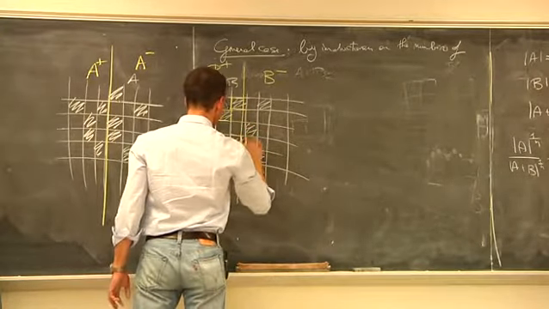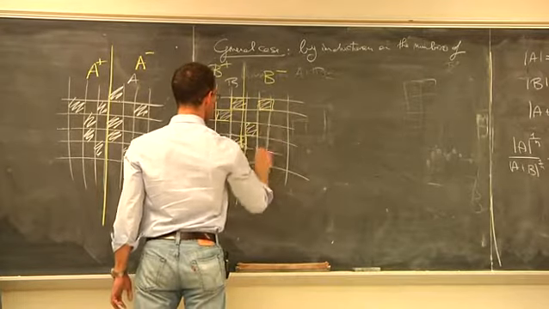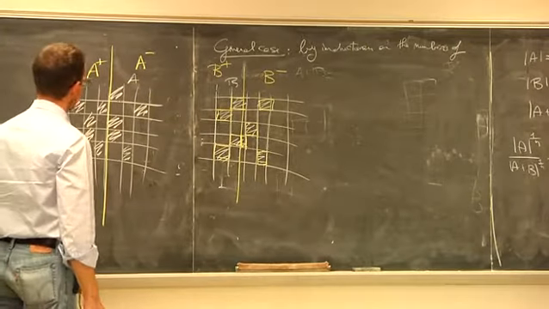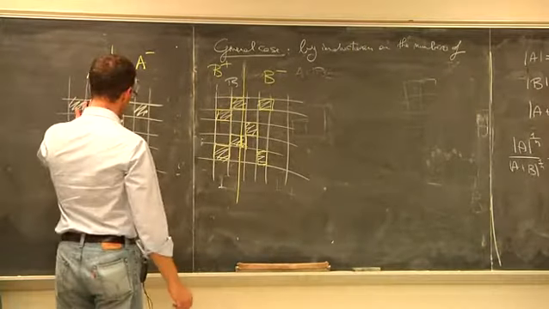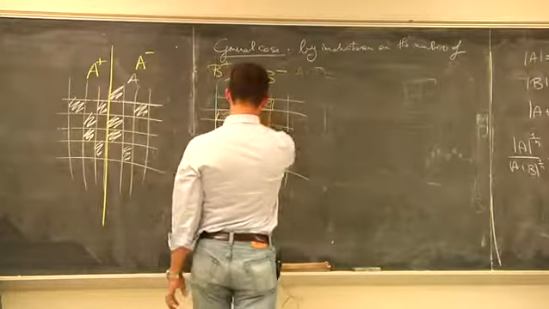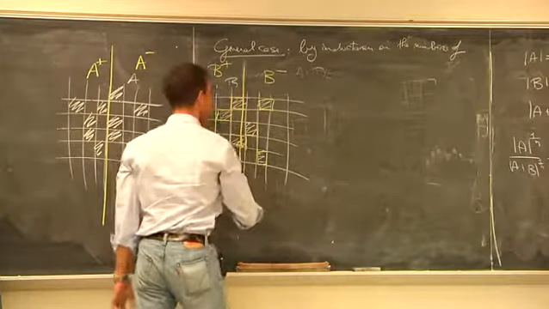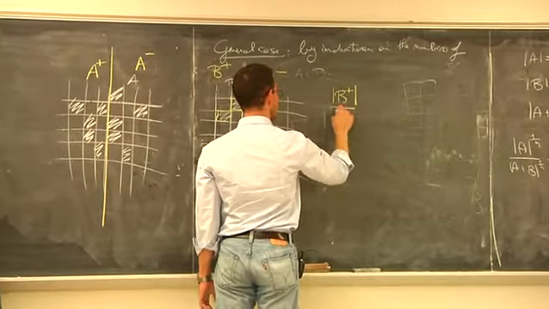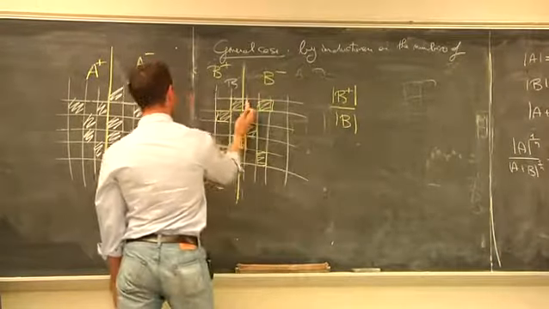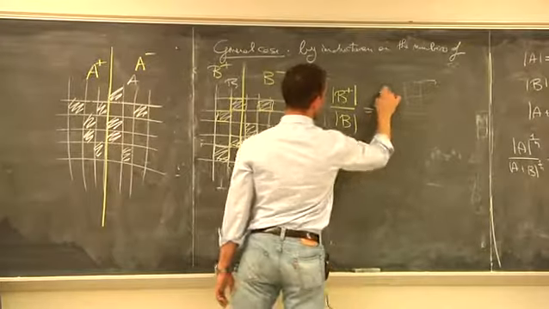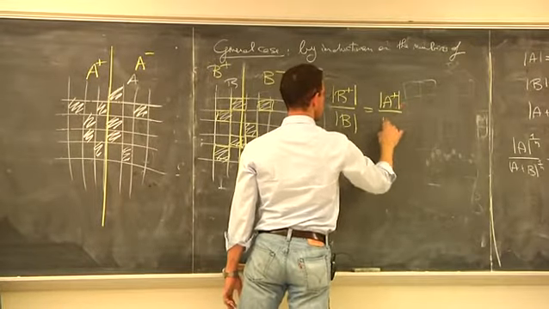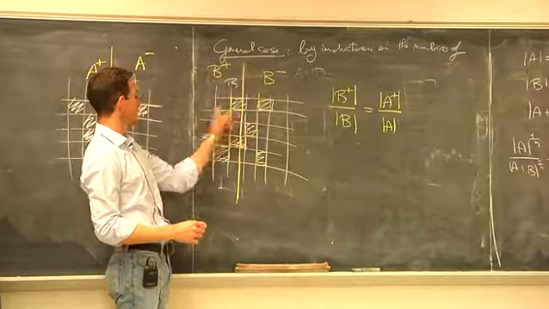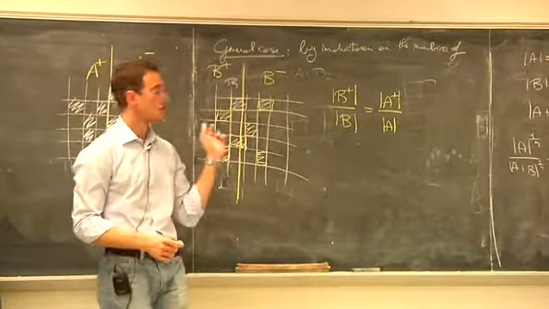How do I choose this hyperplane? I choose it so that the fraction of volume of B on the left is the same as for A. I can always move this hyperplane and stop exactly where the volume on the left is the same in both cases.